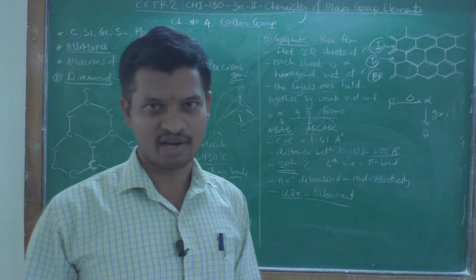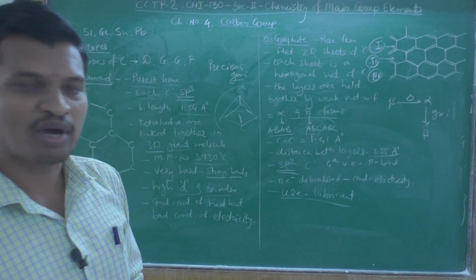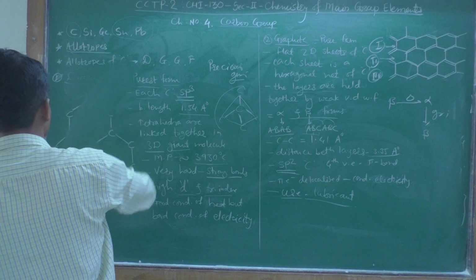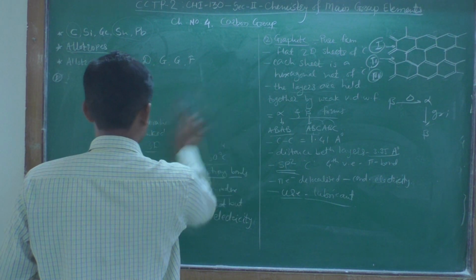Now the third allotrope of carbon is graphene.